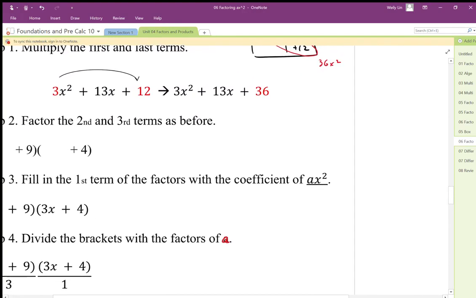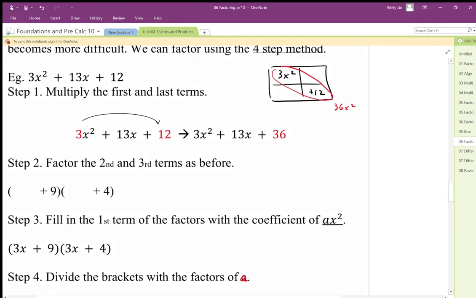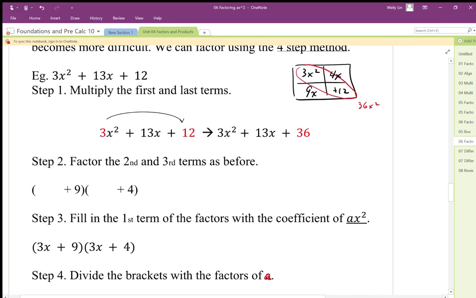What actually happened was we just split the middle. That's really the key, and that's what I want you to take out of this four-step method: that 36 allows us to split the 13x into 9x and 4x. That's where the 9 and 4 come from. Now we still have to factor by taking out the common factors to get the length and width.